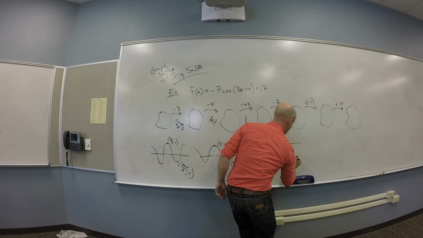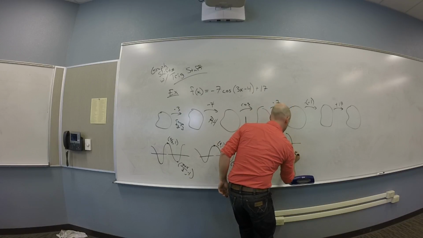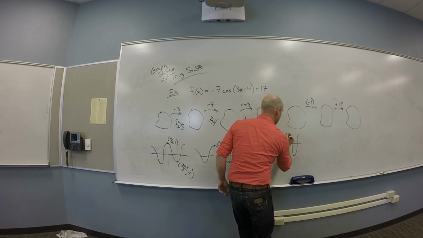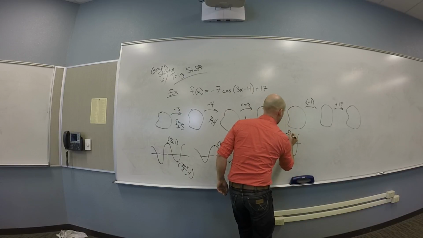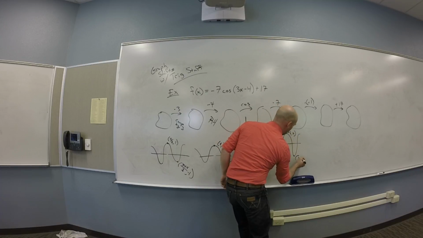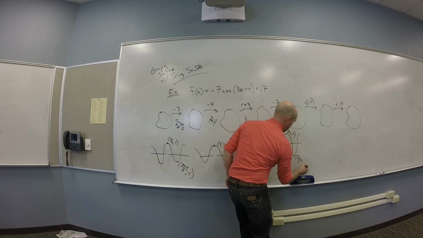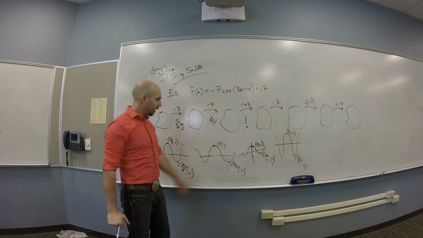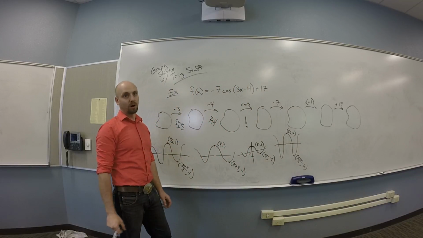Top dot, bottom dot, connect the dots. This is now at (4/3, 7), and this guy is at ((4 + pi)/3, -7).